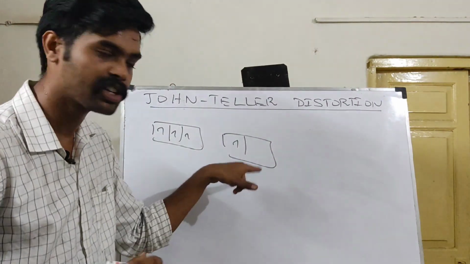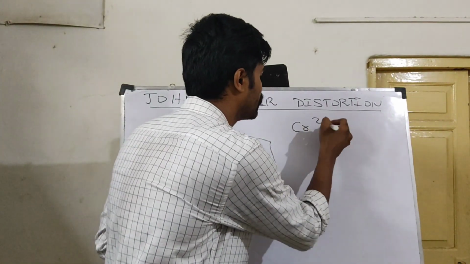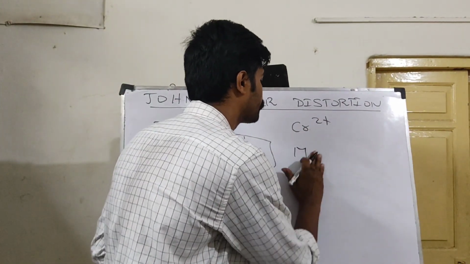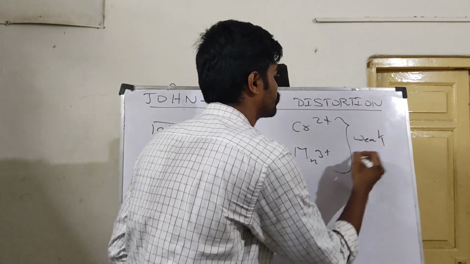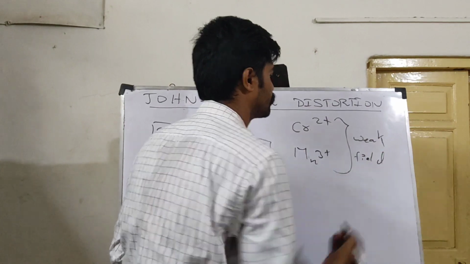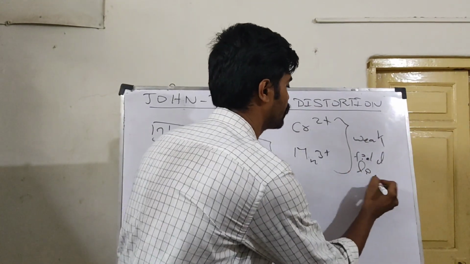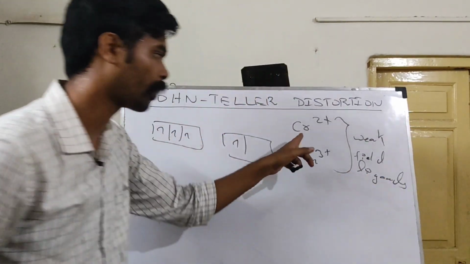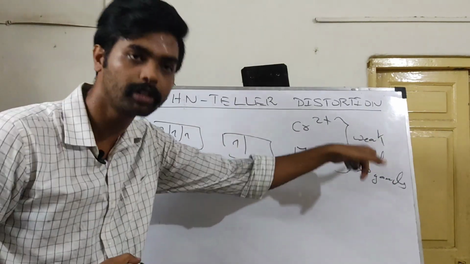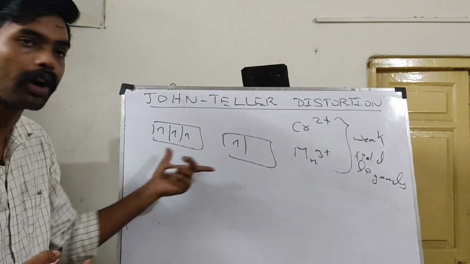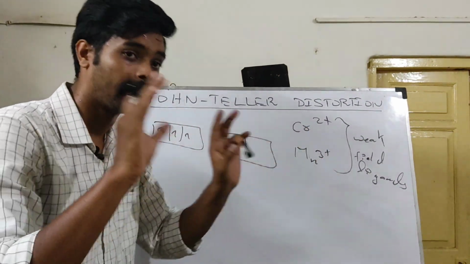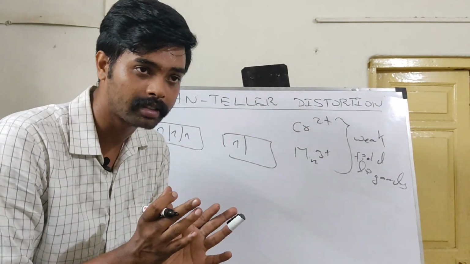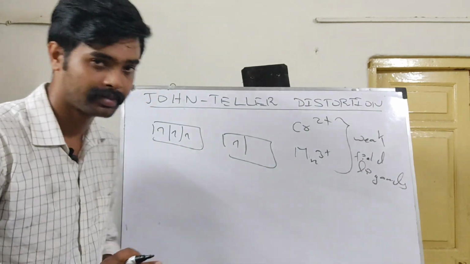This kind of filling generally happens when I have Cr2+ and Mn3+ with weak field ligands. So when I have Cr2+ and Mn3+ with weak field ligands, this kind of unsymmetrical filling is possible. Whenever you have this, remember that I am not going to have all the 6 bonds with the same bond length, right?